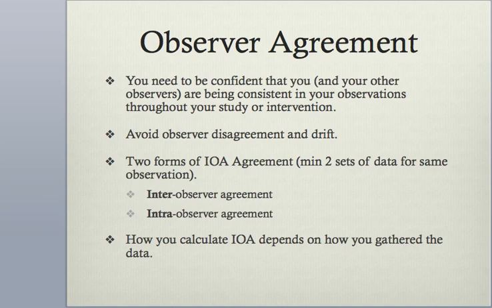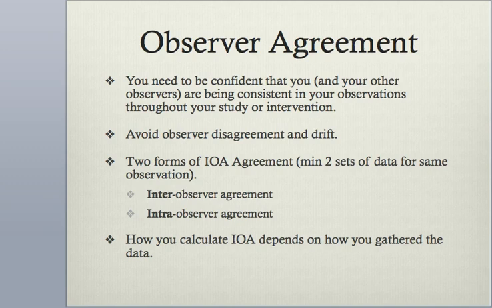There are two forms of inter-observer agreement, IOA. Typically, you need a minimum of two sets of data for the same observation. So whether you have two people standing and watching and recording, or two people recording off of the same videotape, you can get two kinds of agreement.